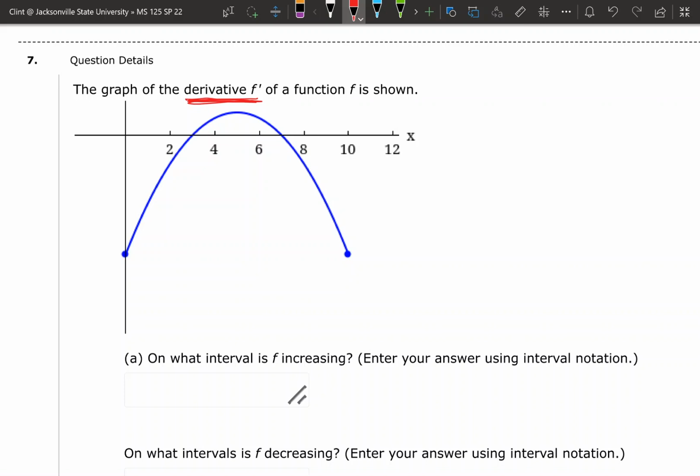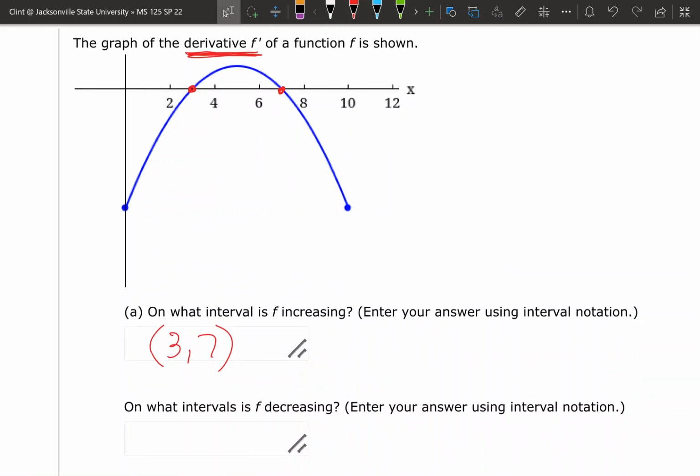If you break it down, we said our function is increasing where our derivative is positive and decreasing where our derivative is negative. So from looking at the graph, our function is going to be increasing wherever the graph of the derivative is above the x-axis. So that's from 3 to 7. And what intervals would f be decreasing?